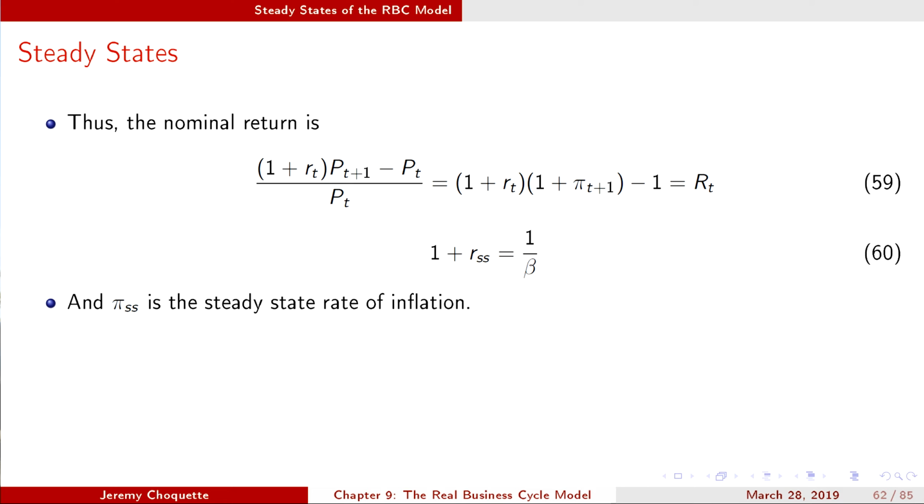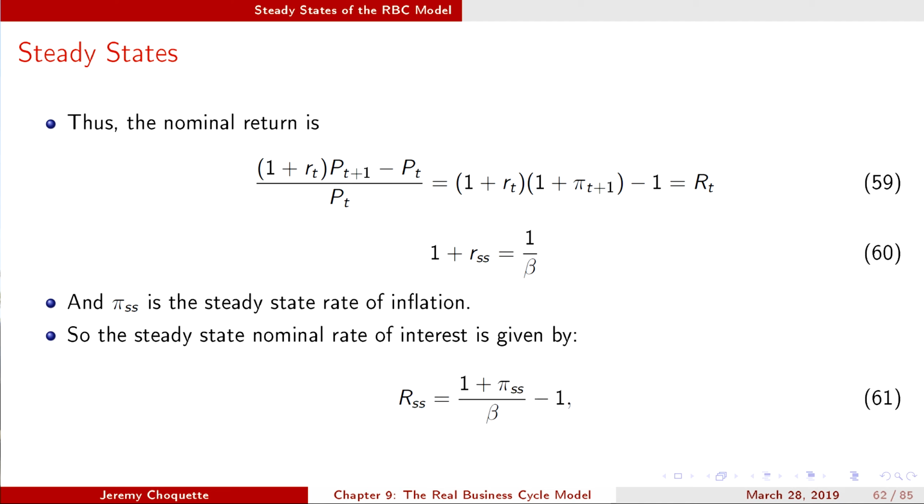So if we've got pi_SS, which is the steady state rate of inflation, the steady state nominal rate of interest is going to be given by this right here. And what is this?